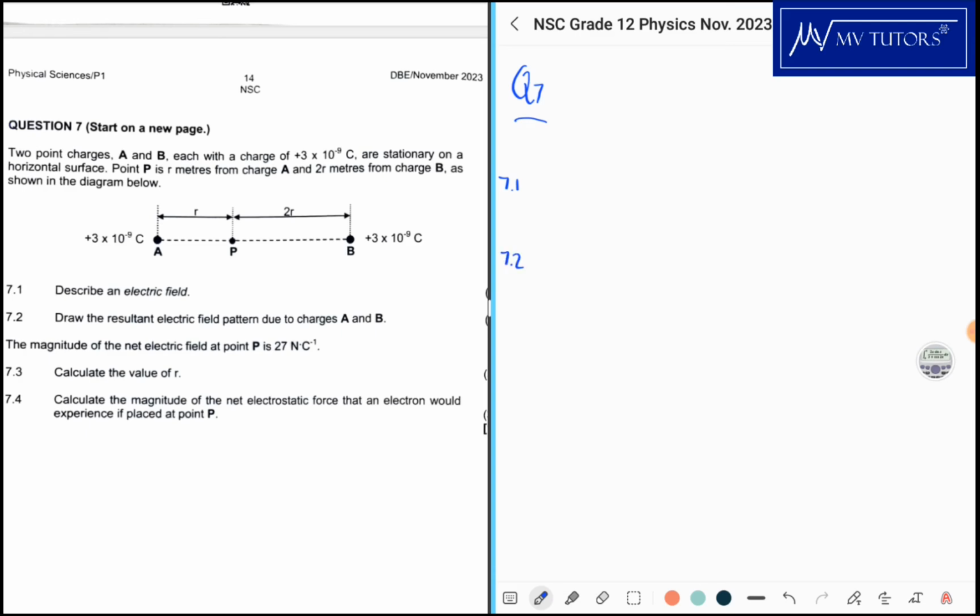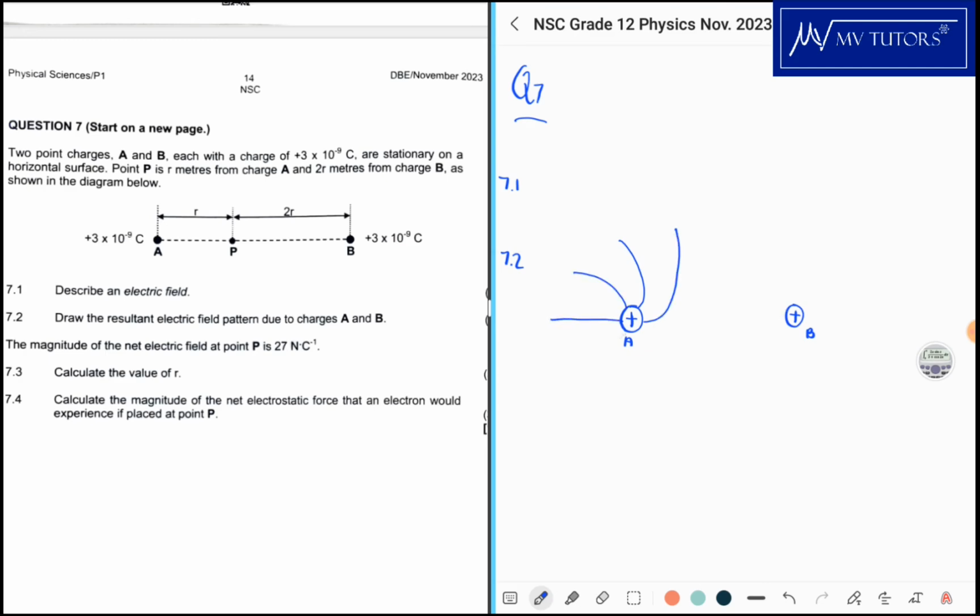And then 7.2, draw the resultant electric field pattern due to charges A and B. Both A and B are positive, and as such, they will repel one another. Remember how we start electric field lines: they must first be perpendicular to the surface, and then you can go ahead and draw them out.